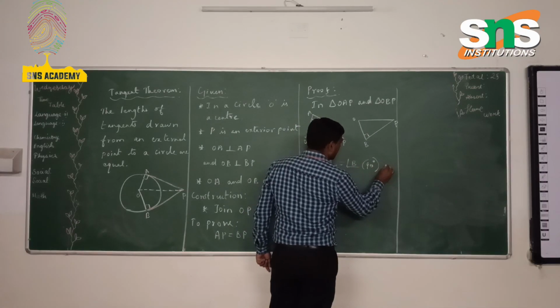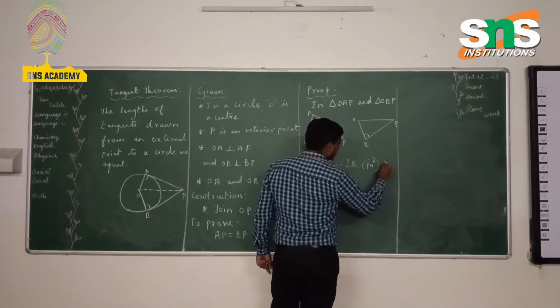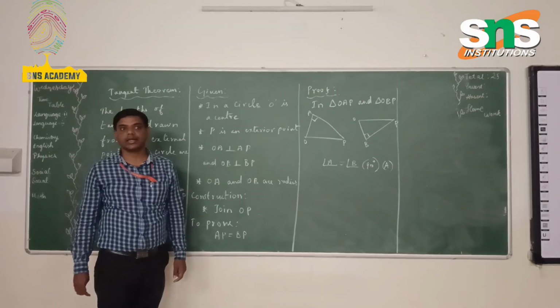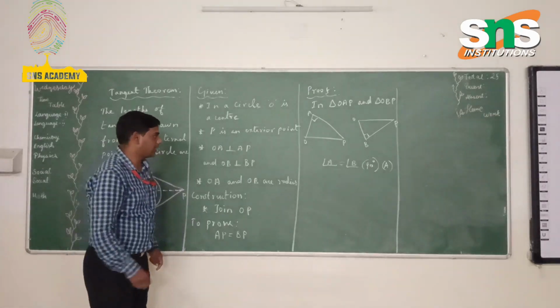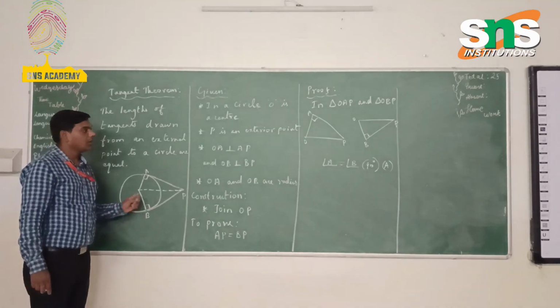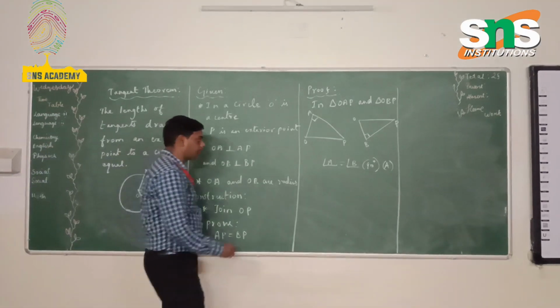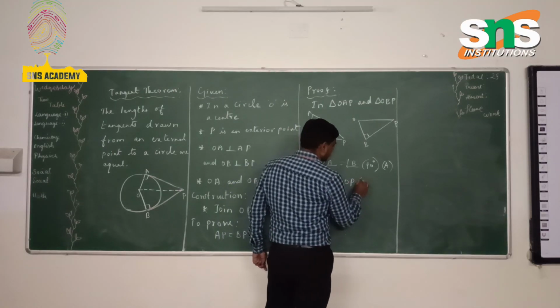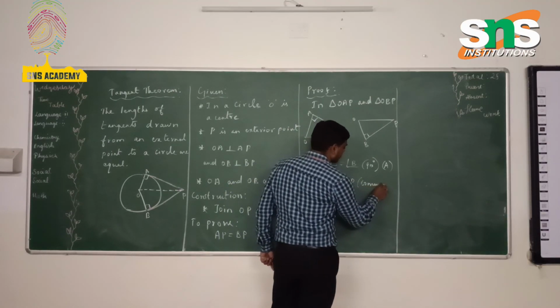So we got one angle, a right angle. And then what is the other clue? OP is common. Very good. OP is a common side.